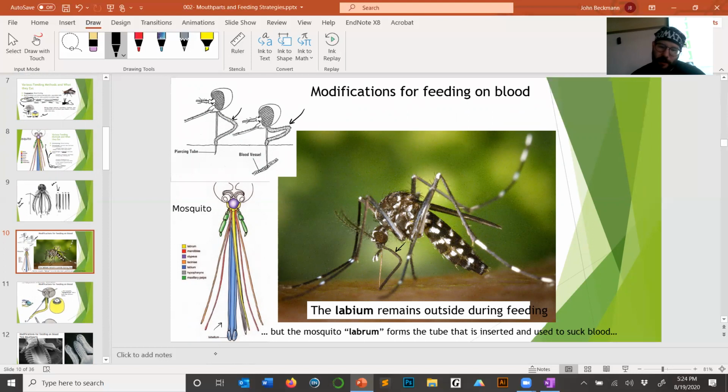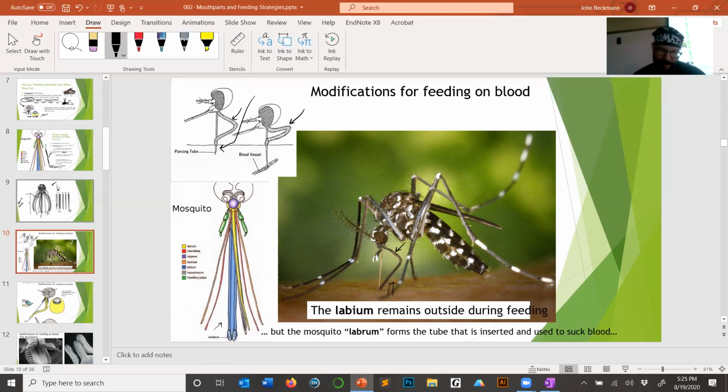When the mosquito actually feeds, the labium retracts. You can see how there's a bend here. The mosquito is never actually poking you with the labium. It's retracting the labium to reveal the stylets right here. And then what it sticks into you is the labrum, which sucks up the blood.